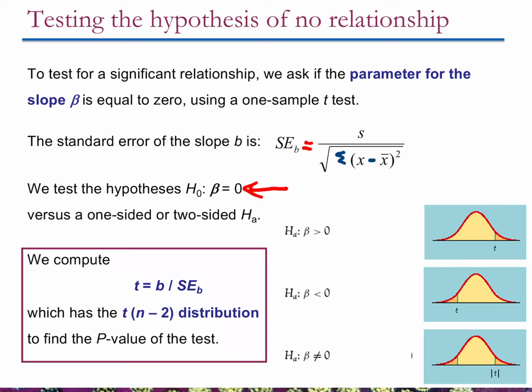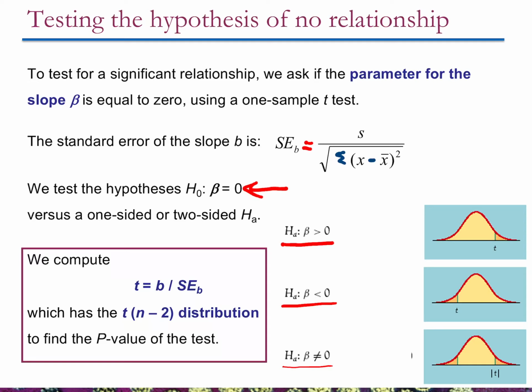The alternative hypothesis is simply that it's not zero. In a one-sided sense, we could have a slope that's greater than zero, or a slope that's less than zero as an alternative. Those are both one-sided because we're specifying a direction. Here, however, we could have a two-sided alternative where we say the slope is simply not equal to zero, which means it could be positive or it could be negative.